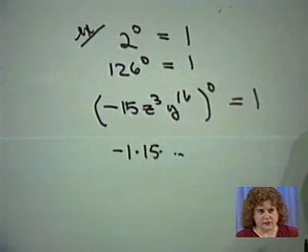Let's do another kind of example, one that's a little more interesting. Suppose we are to simplify 2 raised to the negative 2 power divided by 3 raised to the negative 3 power.